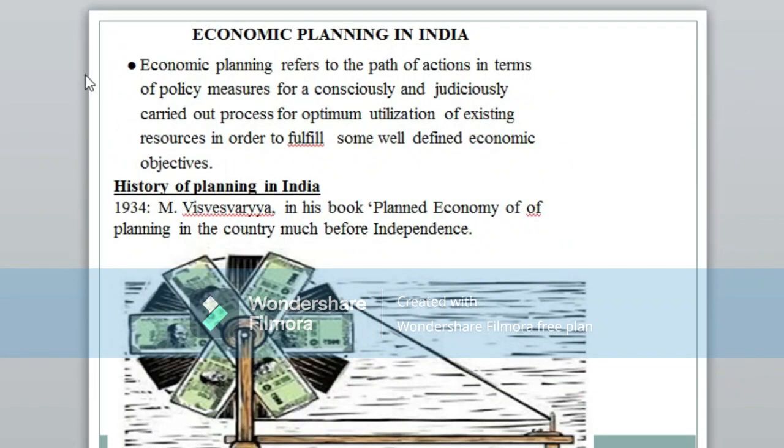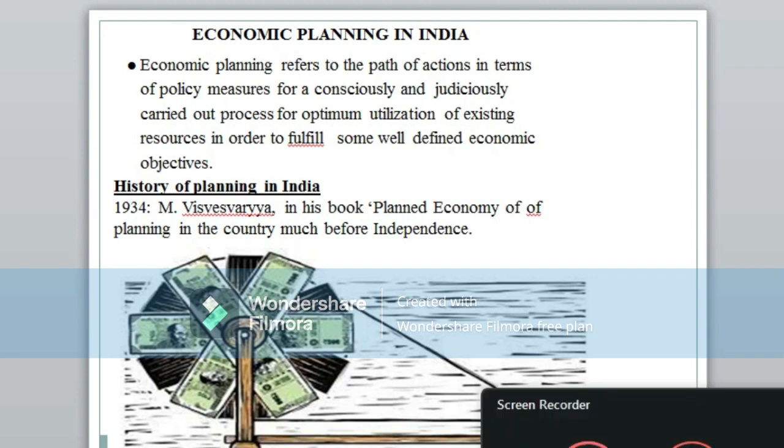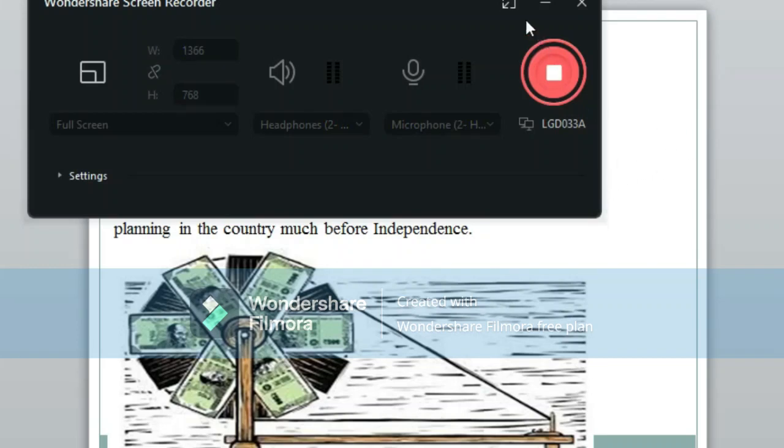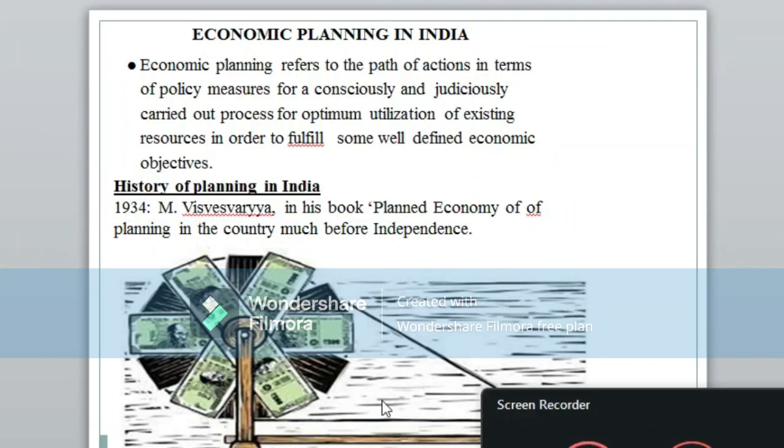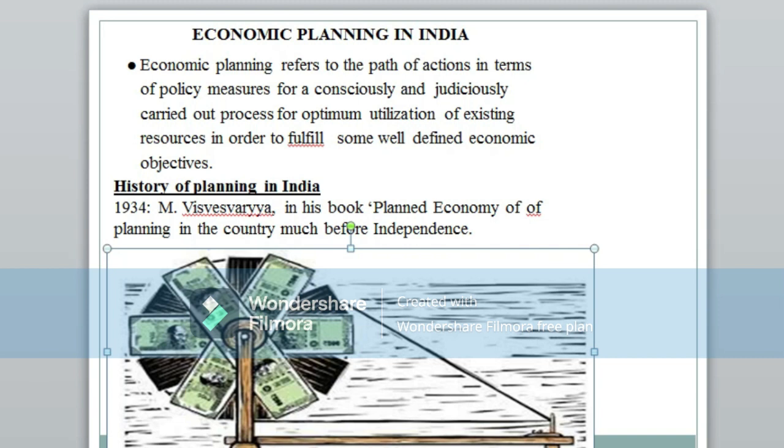Now let us move ahead to the concept of economic planning in India, how economics has been developed in India in the post-independence period. So economics has been developed at different levels through planning and methodology.